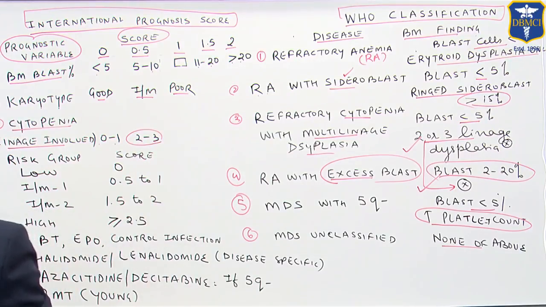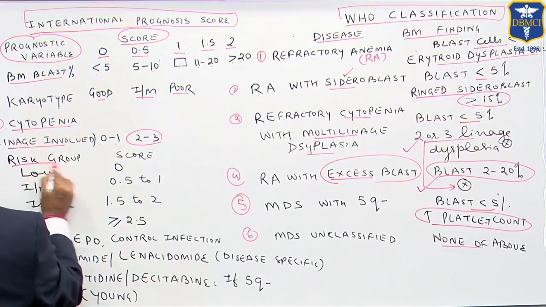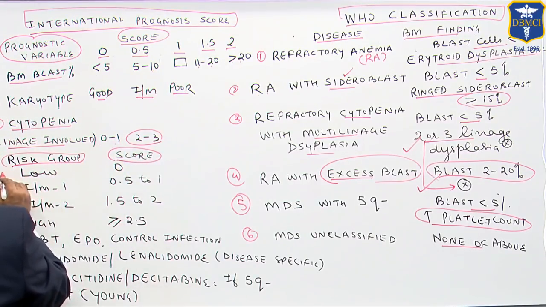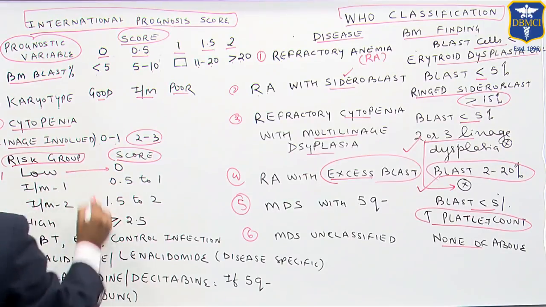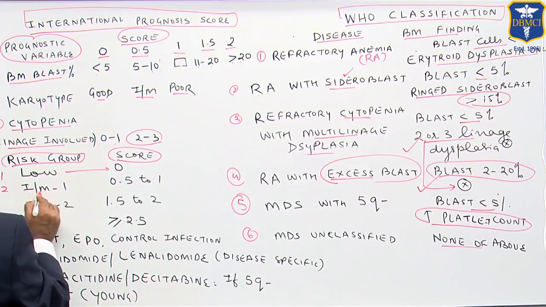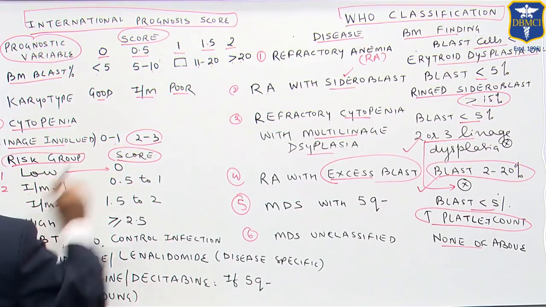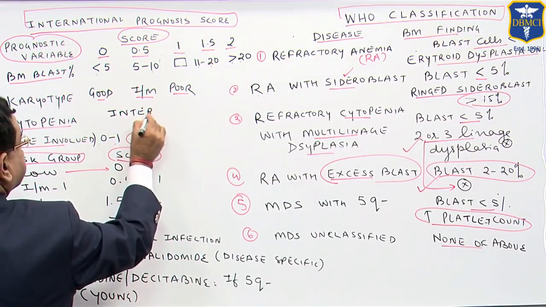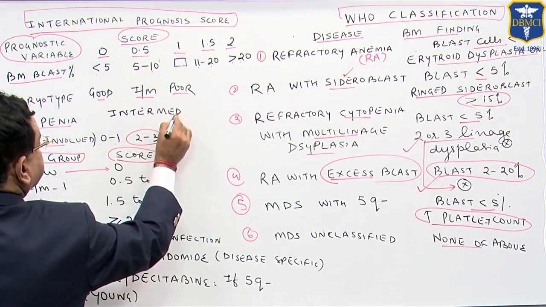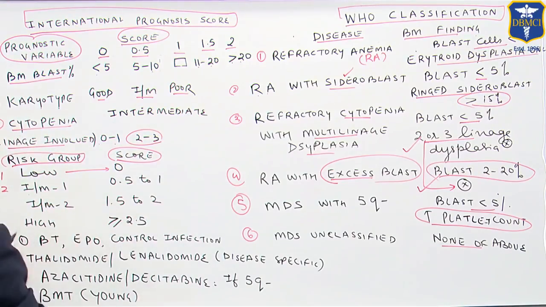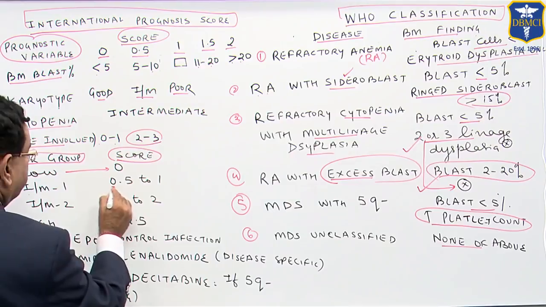So now what is the risk group? Score 0 we call low risk. Intermediate 1, where IM stands for intermediate, the score is 0.5 to 1.